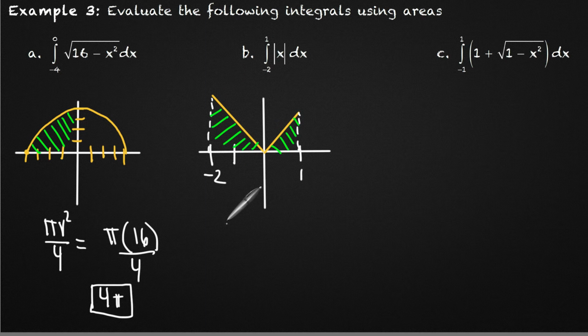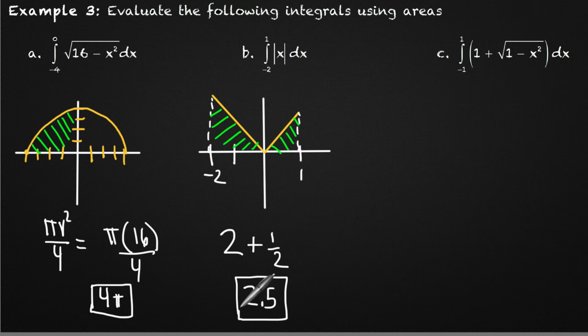So that's 4 divided by 2, which is 2. So base times height divided by 2. Here we have 1, and then times 1, which is 1, divided by 2. So that's going to be 1/2, and that's going to give us 2.5 as our integral.